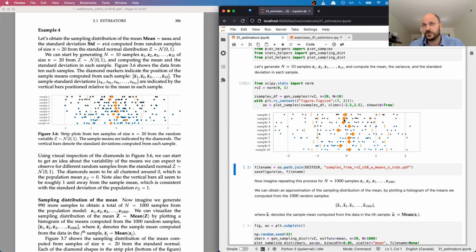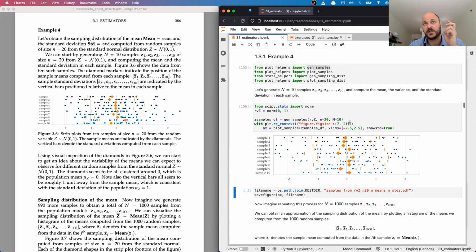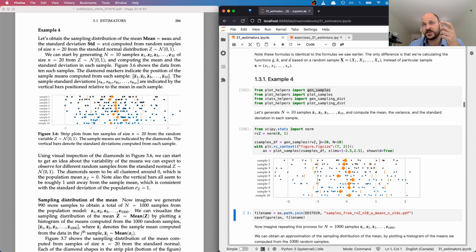And the distribution of these diamond shapes, you see that they're roughly around 0, but they vary. That's called the sampling distribution of the mean. Specifically, the sampling distribution of the mean from samples of size 20 from the standard normal. So this is the random variable. How many samples? We generated 10 of them. How many observations in each sample? 20.